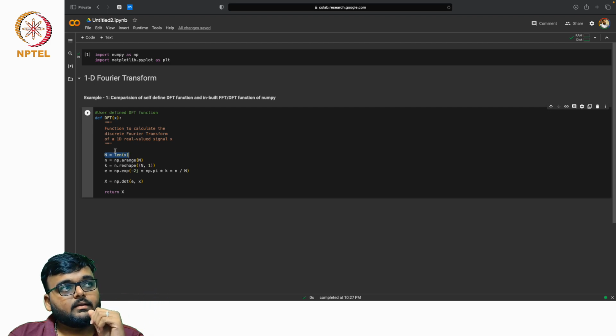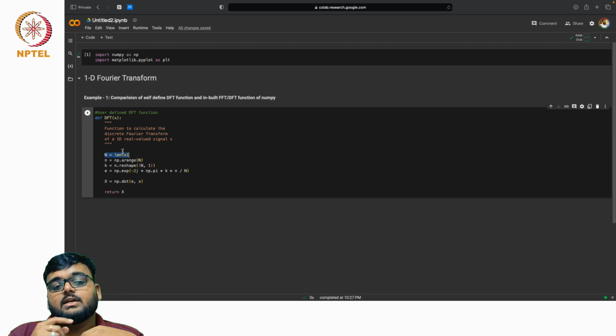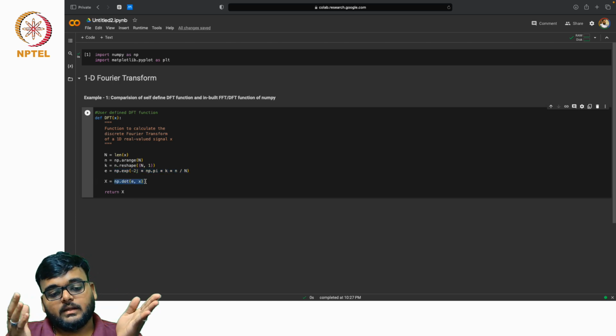Then n is a variable for which the DFT function will iterate, going from one to another. And if you see this one, this is the exponential matrix creation, and this is the DFT creation, which is the dot product of E and X.